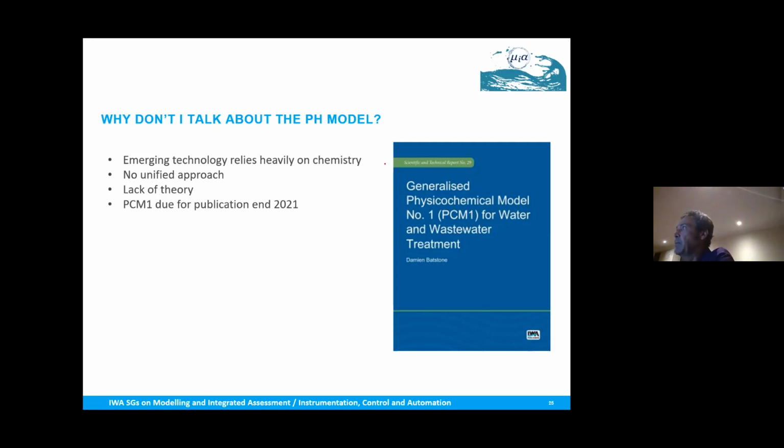That's why we publish now and have used extensively a generalized physicochemical model. That includes everything that happens in wastewater, a good model for precipitation, a good model for pH, which includes ion activity and ion pairing. That has been a long gestation period, like any task group report, but the model code is available for your use now.